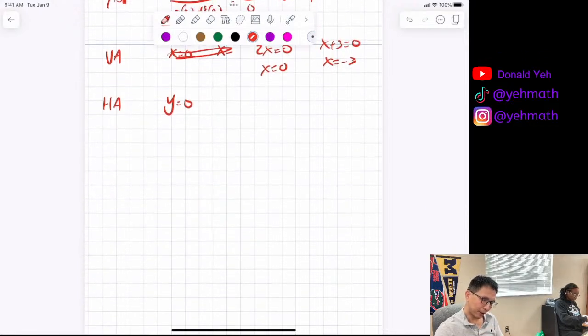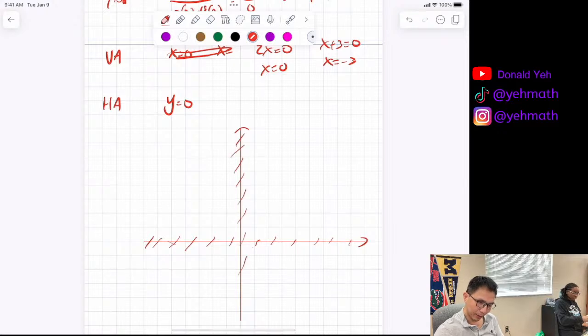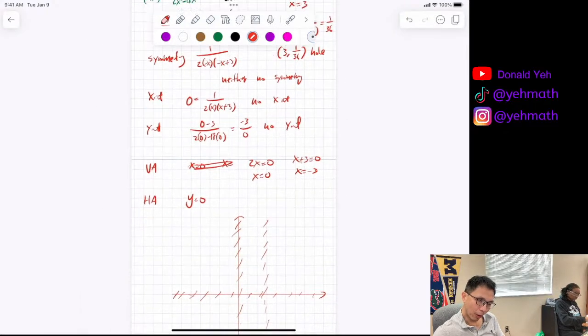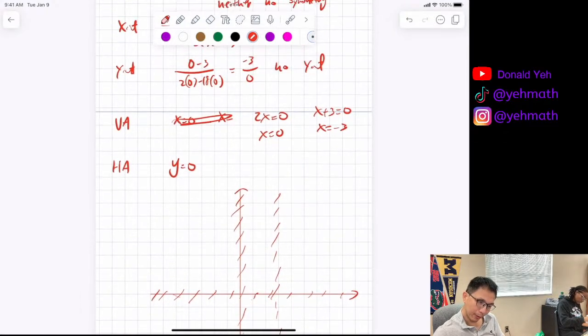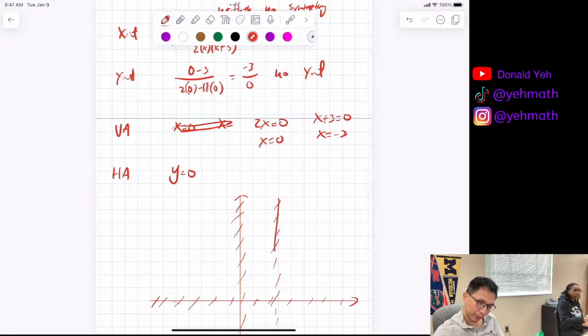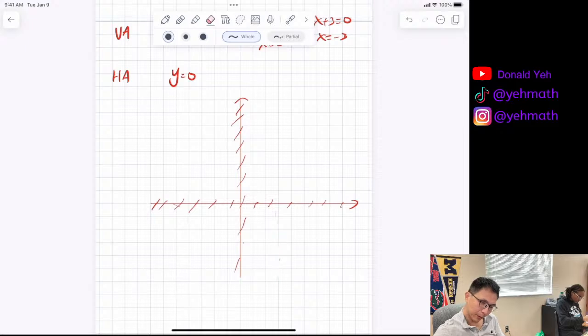Okay, let's graph it. We're going to study the behavior in a second. So at 0 it's going to be here. What else? Yeah. And there's a hole at negative 3, sorry. This is negative 3.